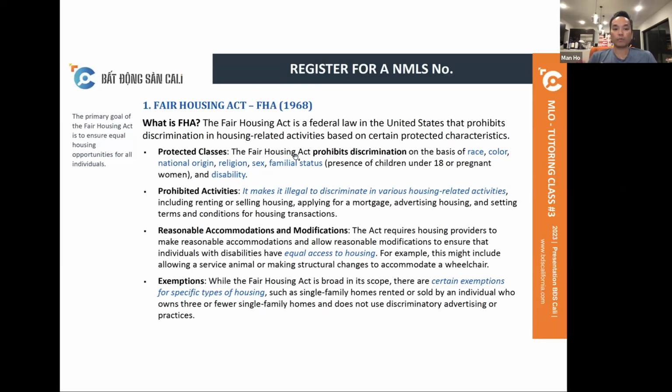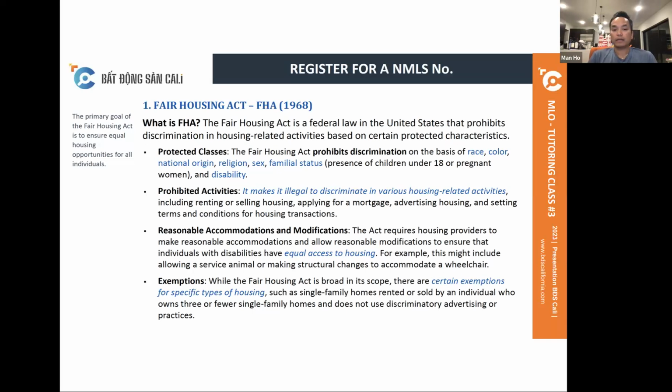So the FHA also prohibits certain activities. It says it's illegal to discriminate in various housing related activities, including renting, selling houses, applying for a mortgage, advertising for housing, and setting terms and conditions for housing transactions, including rate, APR, the term, and all the payments.